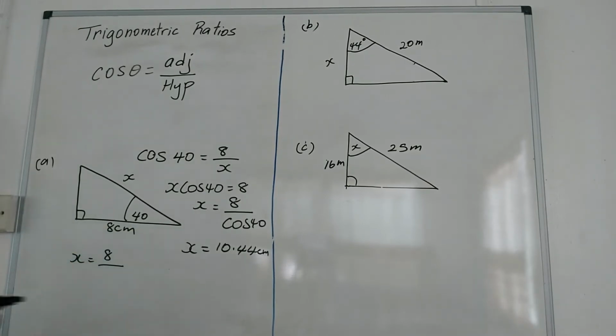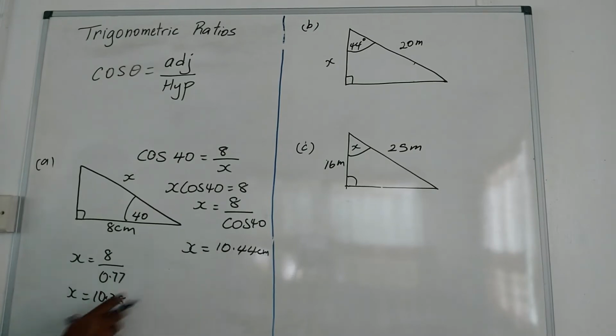You will have 0.766 and so forth, and they round it to 2 decimal places and have 0.77. Then divide 8 by 0.77, which will give us 10.38.